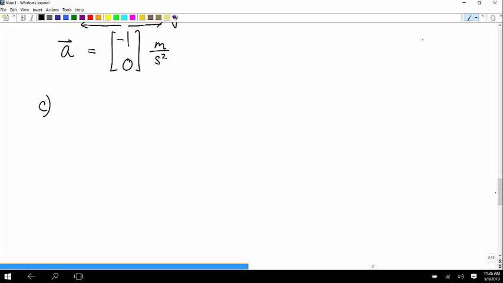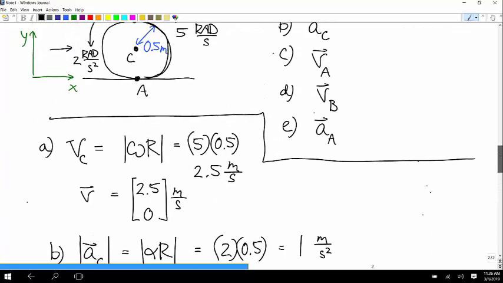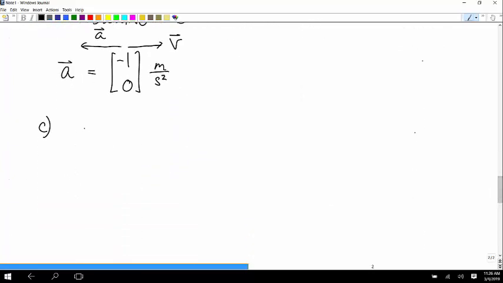All right, so we're looking at velocity first of the point A. And the velocity of A relative to the ground, which is what we're trying to find, is equal to the velocity of A relative to the center plus the velocity of the center relative to the ground.